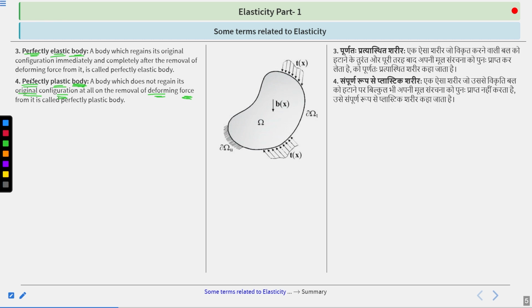So that's why this is known as a perfectly plastic body, because even after the removal of the deforming force, that body is not able to regain the original configuration at all. Whereas in a perfectly elastic body, once the external or deforming force is removed, the body has the capability to regain the original configuration immediately and completely.